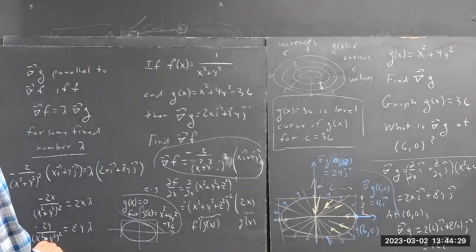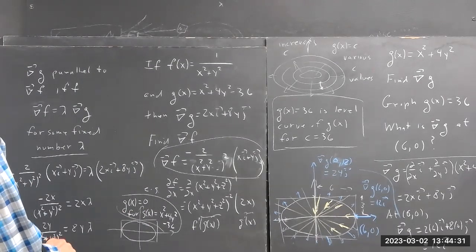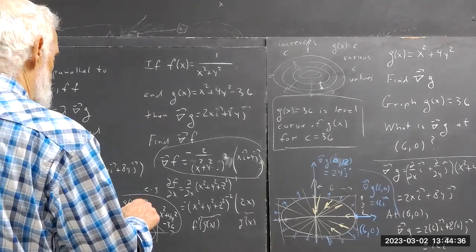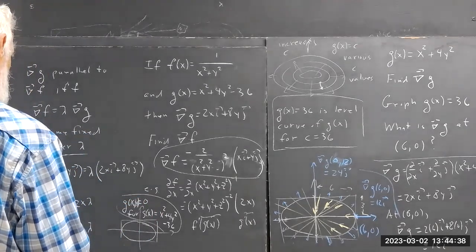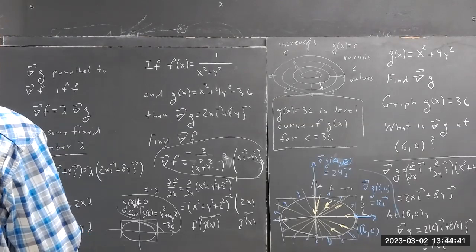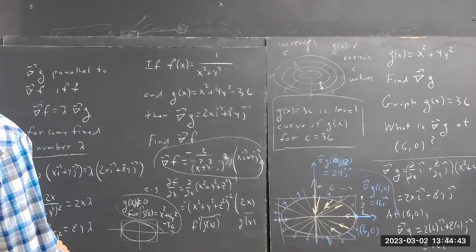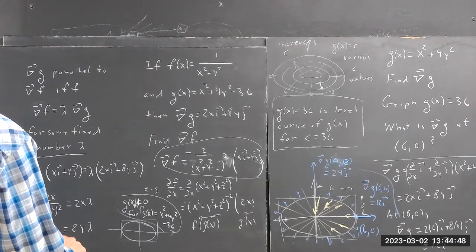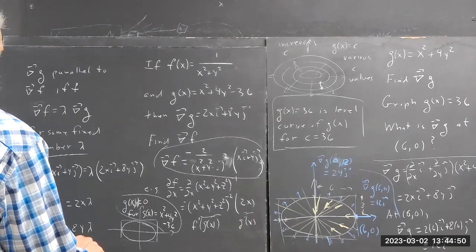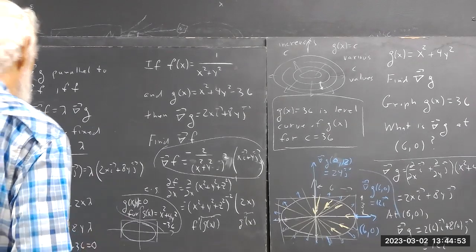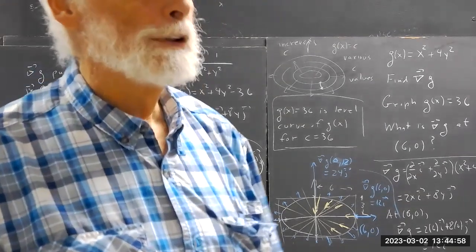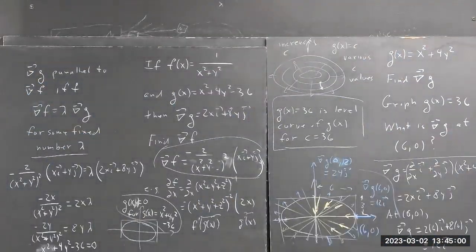So now I can say it's g of x, y. So I'm just going to say x squared plus 4y squared minus 36 equals 0. I could as well have said x squared plus 4y squared equals 36, which is identical.